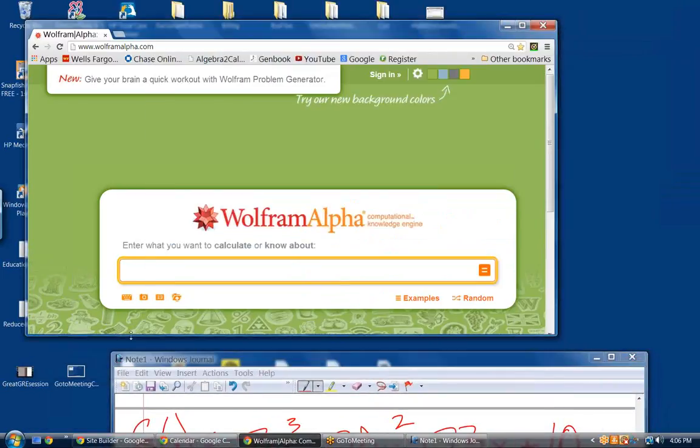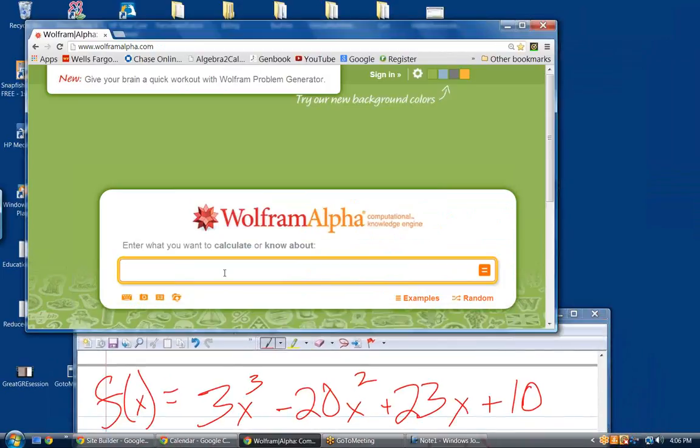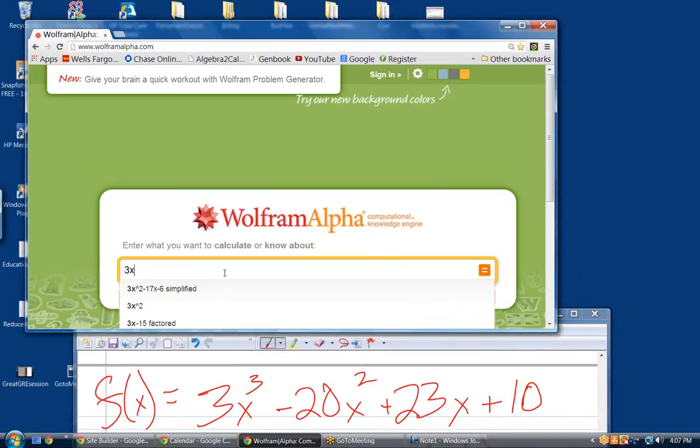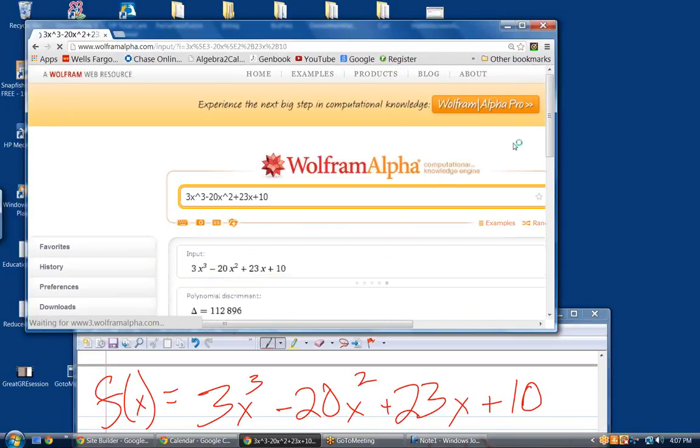If you're not familiar with Wolfram Alpha, it's pretty darn useful. 3x raised to the third minus 20x raised to the second plus 23x plus 10. Have I used this with you before? No, not yet.